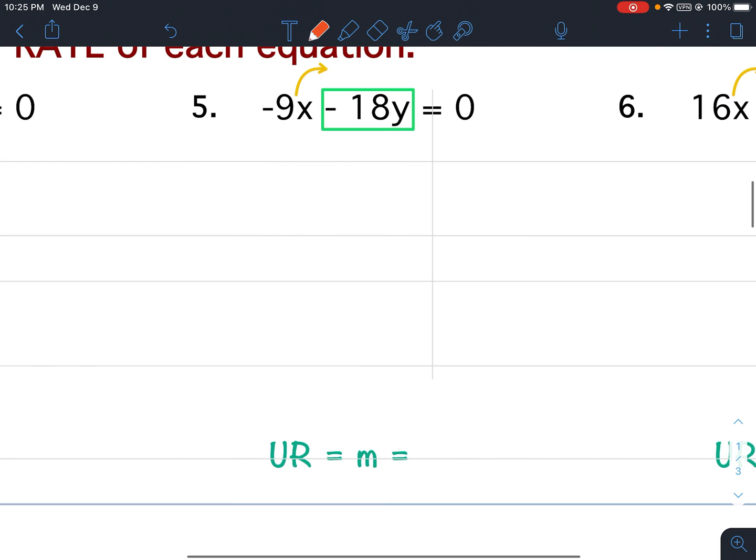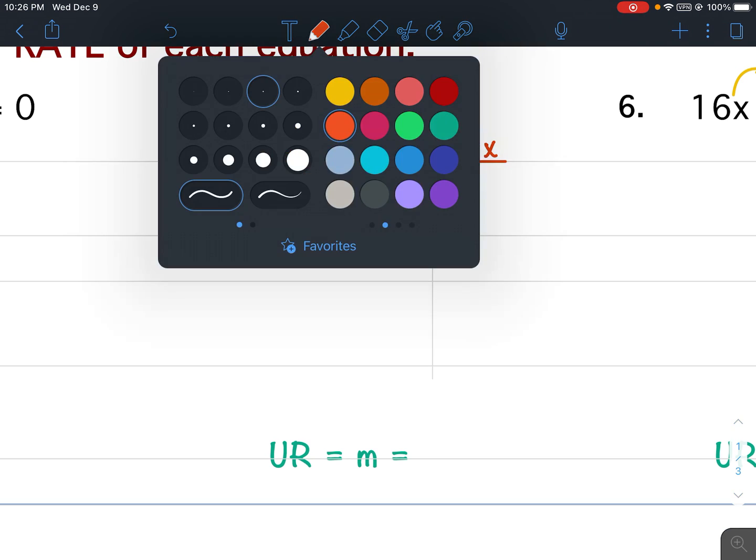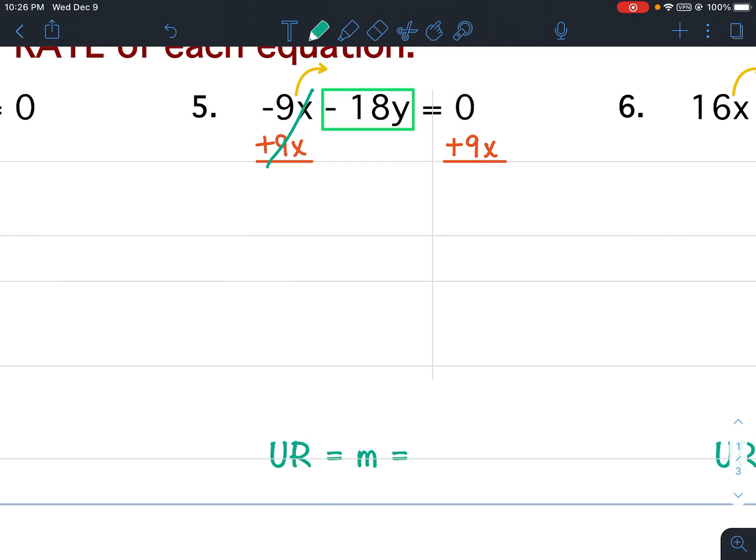So we want to solve for y. Since it's minus 9x, I'm going to add 9x to both sides. Don't forget the x. So we canceled the 9x. So I've got negative 18y equals 0 plus 9x, which would be 9x.